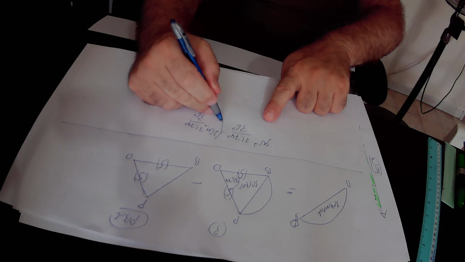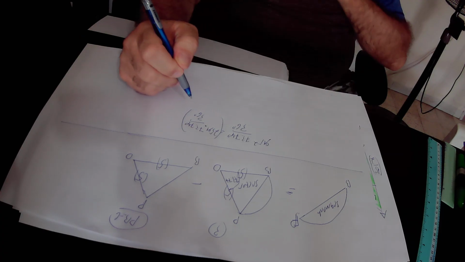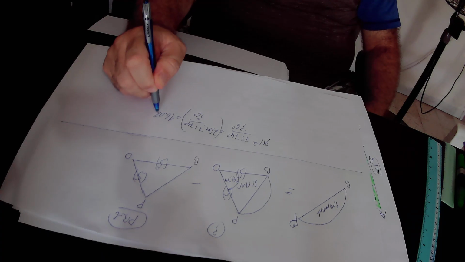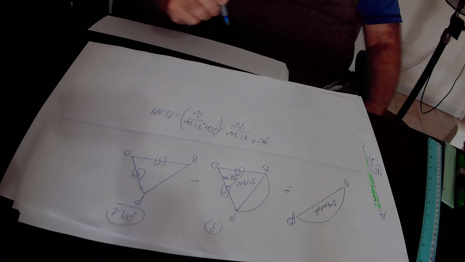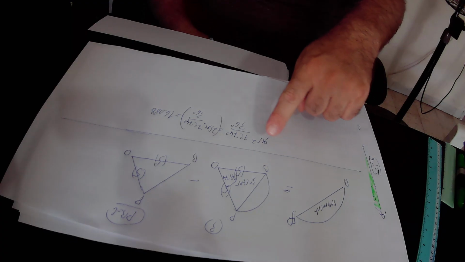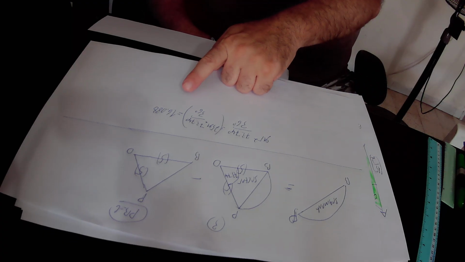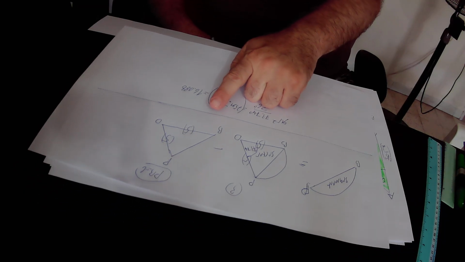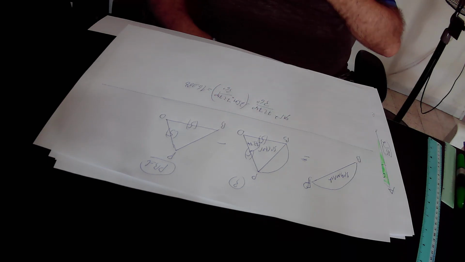The value of this expression in total is 16.088 square units. So the area of this sector BOP is equal to 16.088 square units, minus the area of this associated triangle PBO.